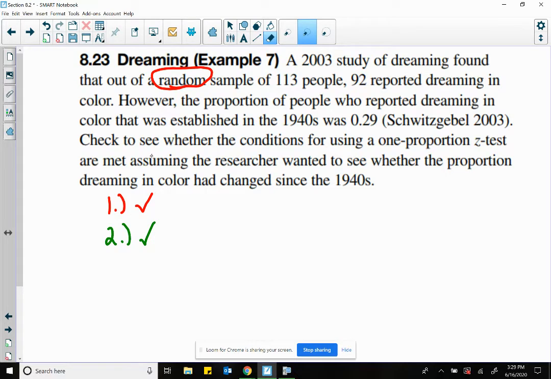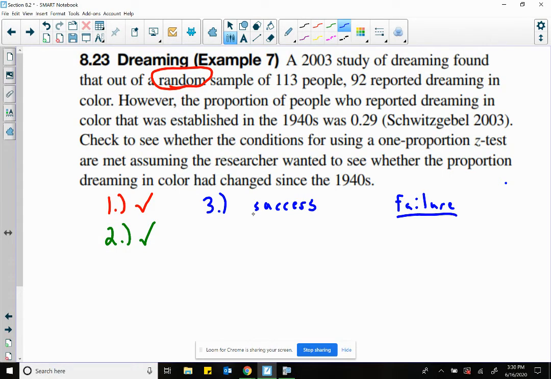I'm pretty sure they're doing that, and no one's dreams should affect anybody else's. The big thing that you're checking is 3 and 4. You're checking the sizes. Remember, we want to check success versus failure.